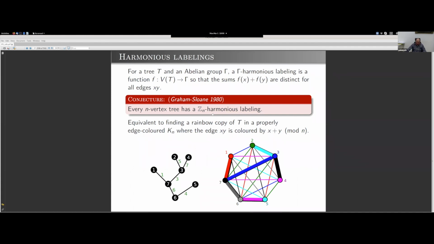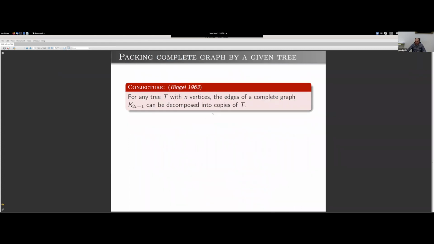So let me give you a different result where I think the appearance of rainbow trees is very surprising. And this is an old conjecture of Ringel. So what this conjecture says is that you take a complete graph on 2n minus 1 vertices, and you take an arbitrary tree on n vertices.